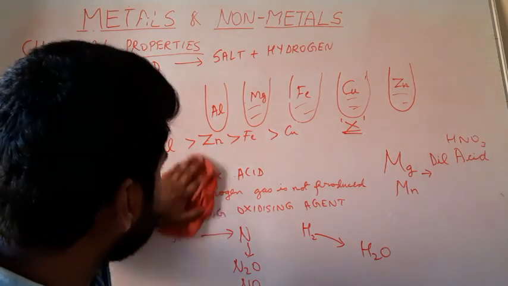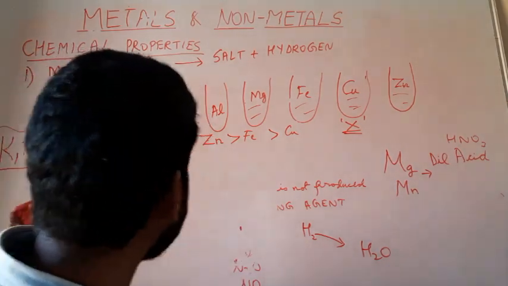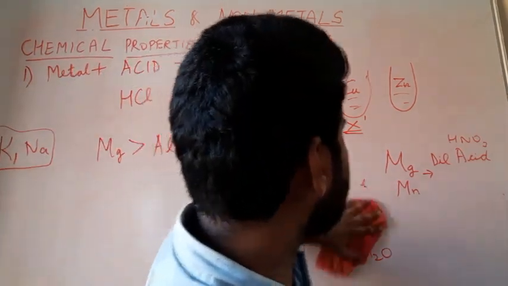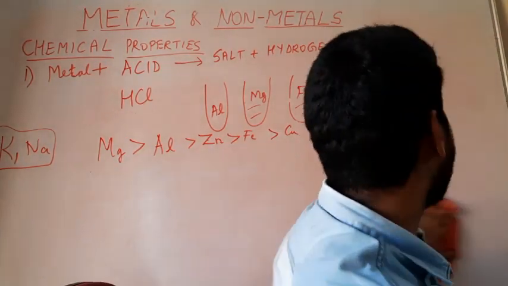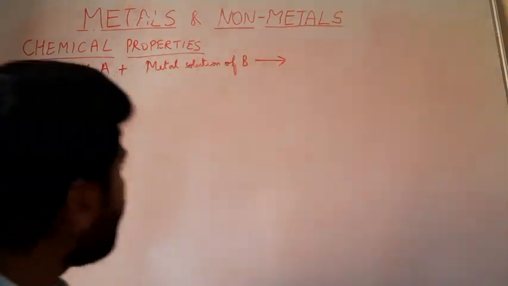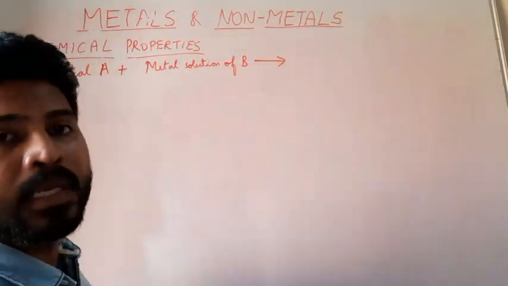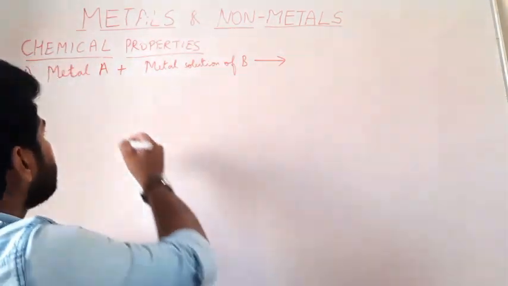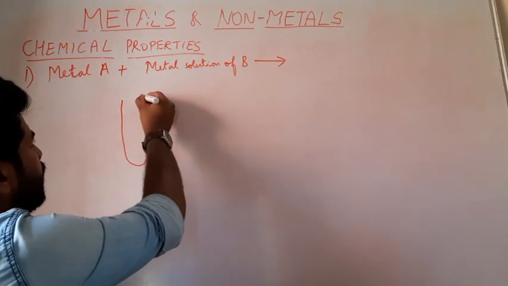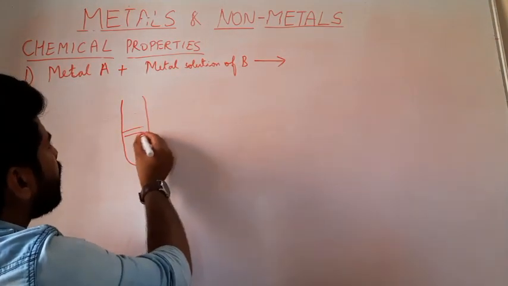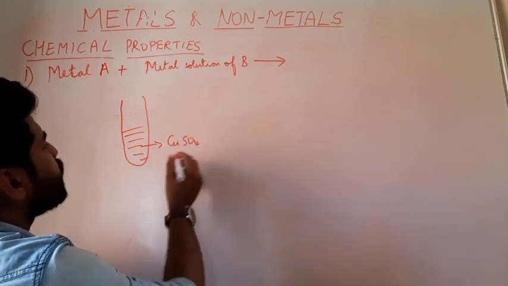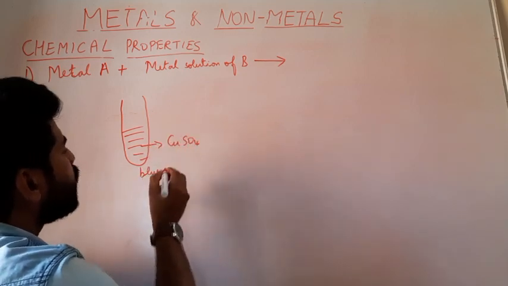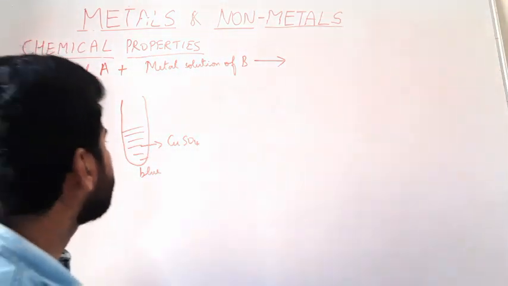Next, we can see what happens when a metal reacts with a metal solution. We can conduct a simple activity to understand this. Say, take a test tube which contains copper sulfate solution, which is blue in color.